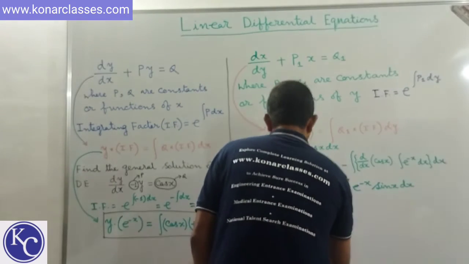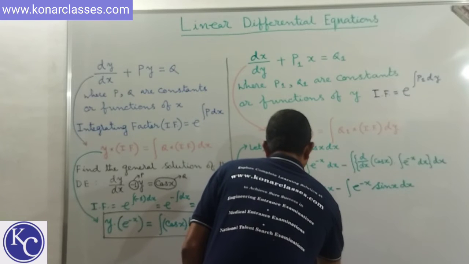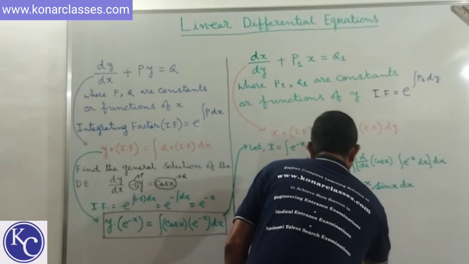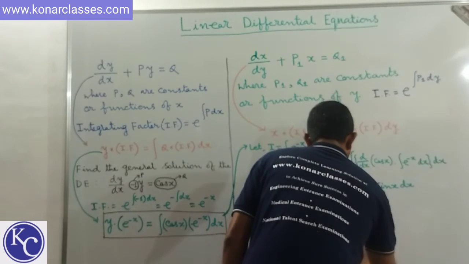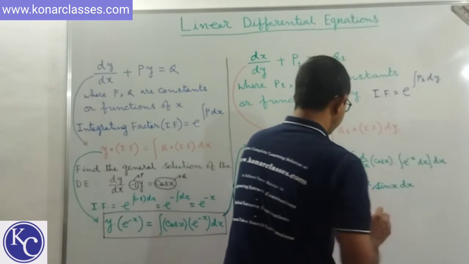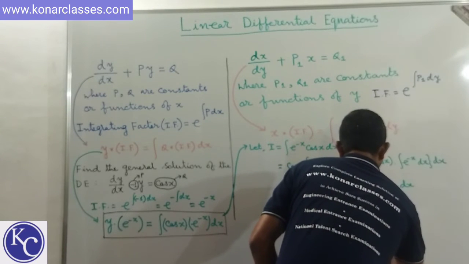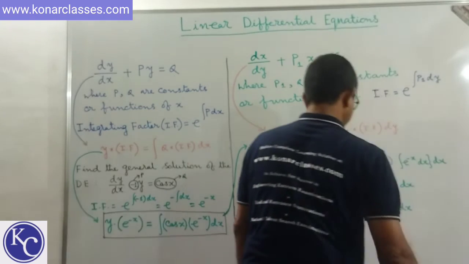So what will it be? This is equal to minus e power minus x into cos x minus, okay. So what are we going to write here, dear students? The first function is sin x. So sin x into integration e power minus x dx, correct?